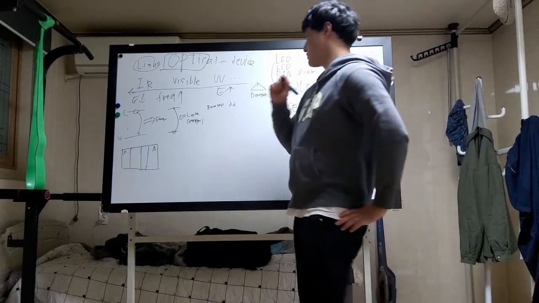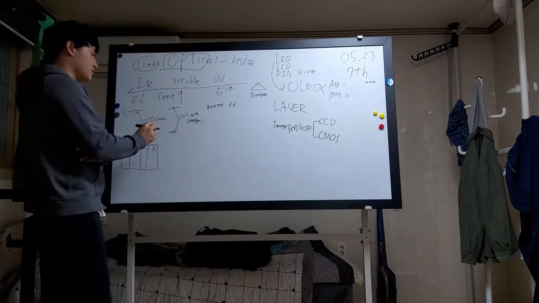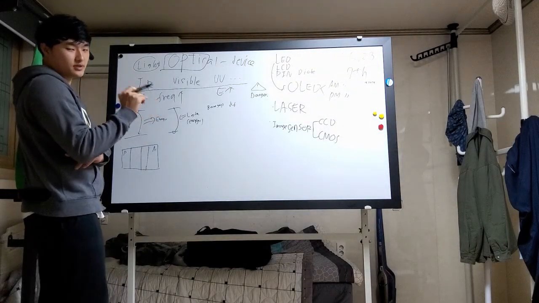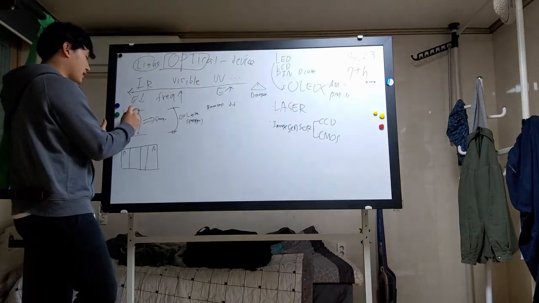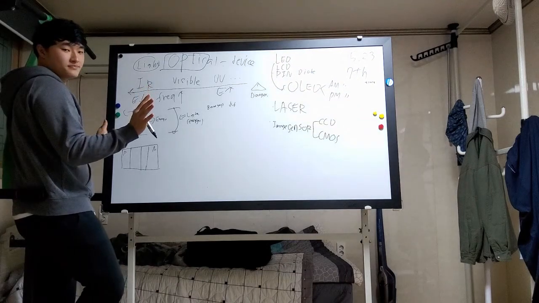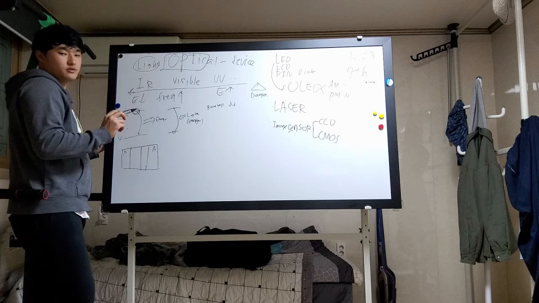So anyway, how does light work with semiconductor devices? First, let's say there is an excited electron or carrier in the conduction band.